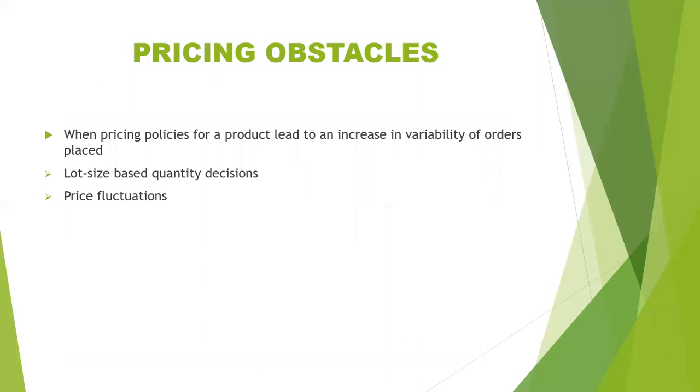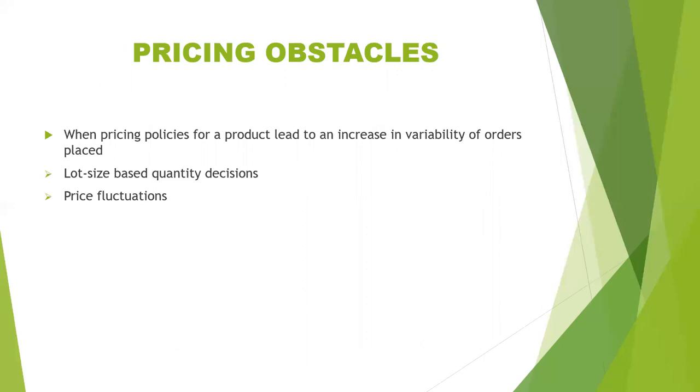The next obstacle is the pricing obstacle. The pricing obstacle occurs when pricing policies for a product lead to an increase in variability of orders placed. Usually, the pricing may vary based on the products which have been ordered.